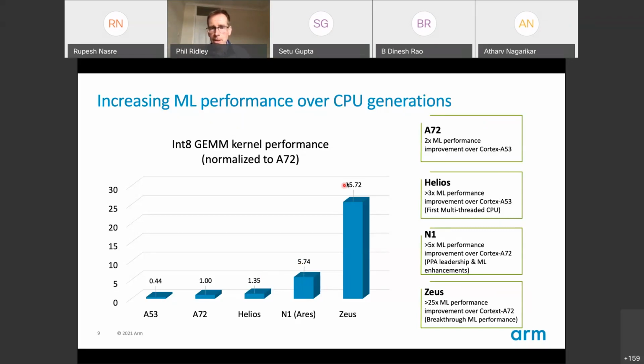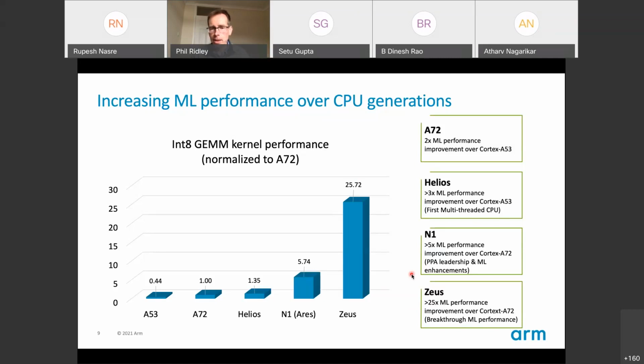And coming next, with V1, with Zeus, we've got this predicted 25 times improvement, because you've not just got support for half precision, but you've got support for BFloat16, the brain float precision representation. And you've got the 256-bit wide vectors to deal with.